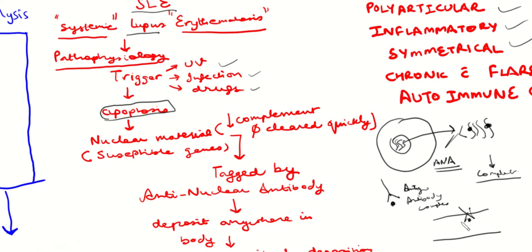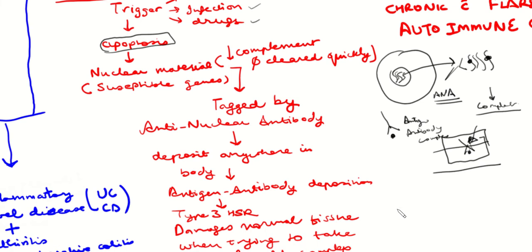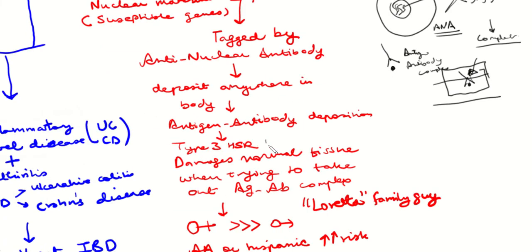Okay, and our immune system looks at it, doesn't like it, wants to clear it, and in pursuit of this damages that whole area, including the good tissue that's there. And that is the pathogenesis of type 3 hypersensitivity reaction. So if you're not sure about what type 3 hypersensitivity is, review my hypersensitivity video within the immune system.